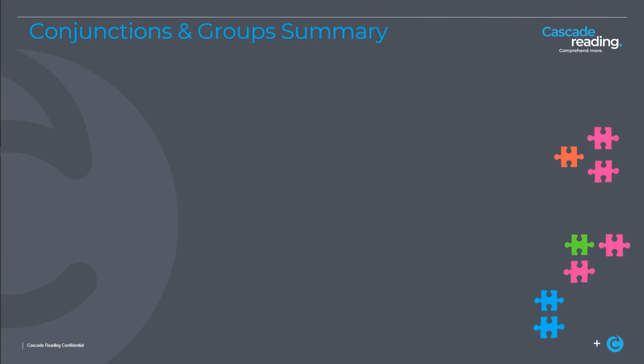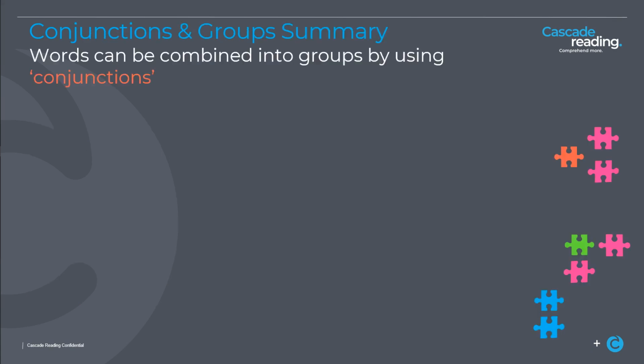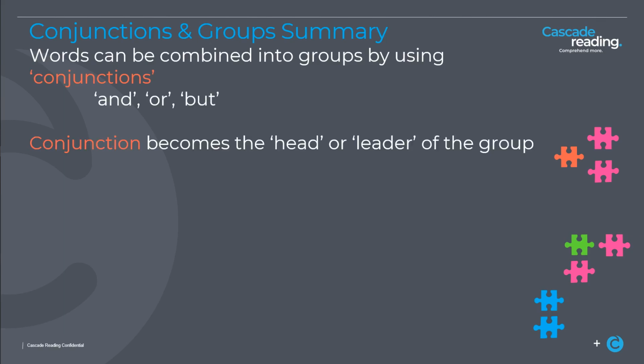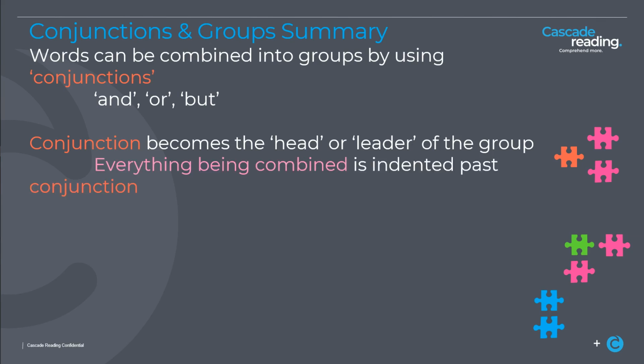So, in summary, words can be combined into groups by using conjunctions. And, or, but. Conjunction becomes the head or leader of the group. Everything being combined is indented past this conjunction, like the first 3 puzzle pieces above. These groups always move together.